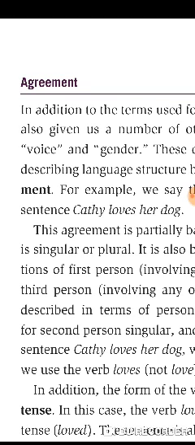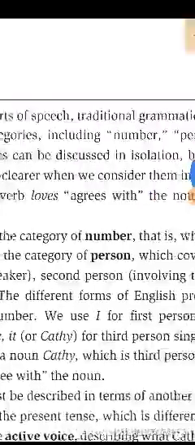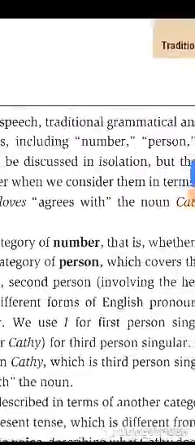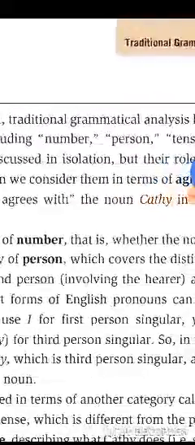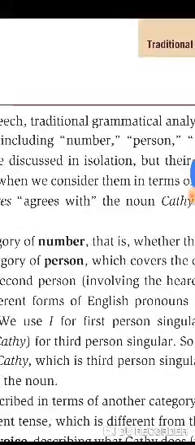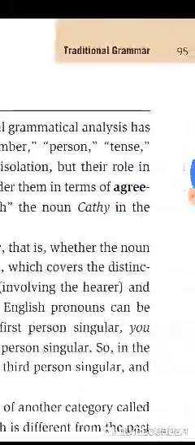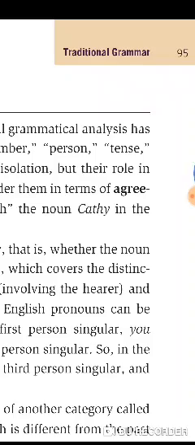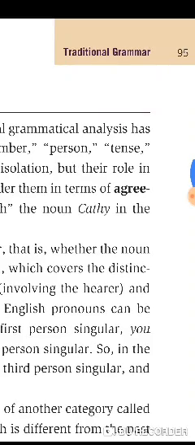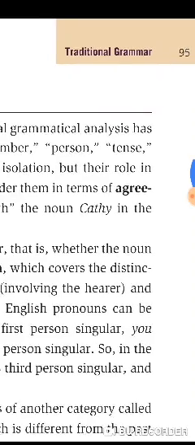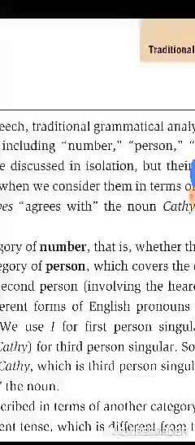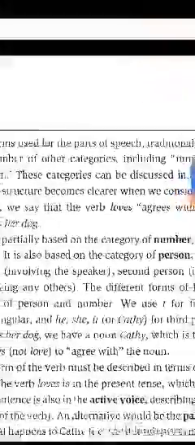Sometimes there is agreement in one language, sometimes there is no agreement in another language. Sometimes the agreement is in terms of number in one language, and in another language, no number agreement. Or a language can have no tense, or it can have different tenses as agreement. Okay? Anyway.